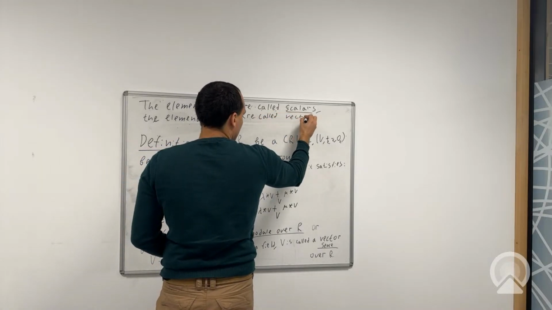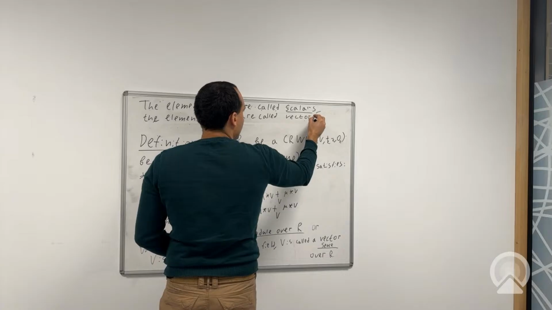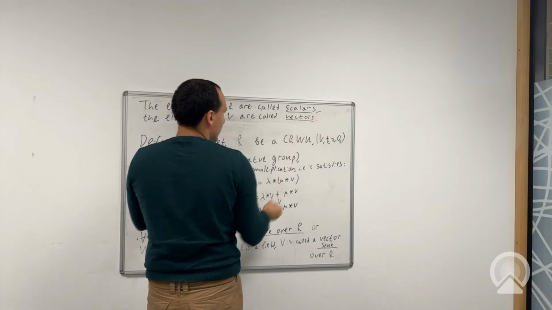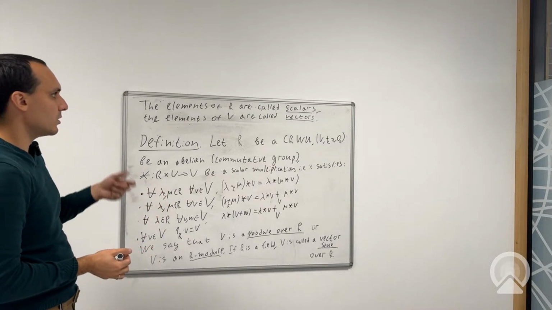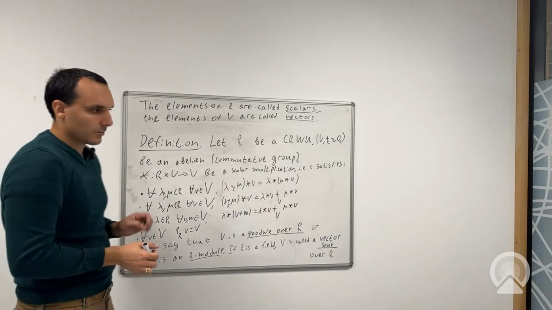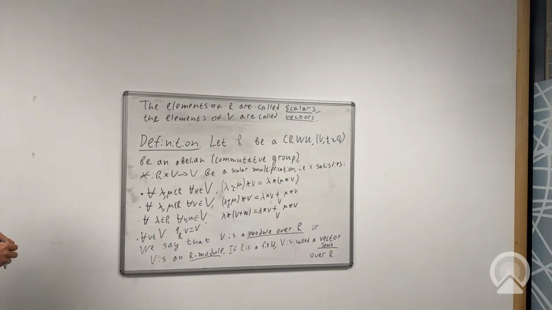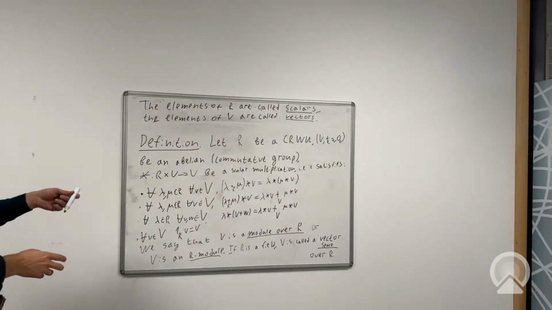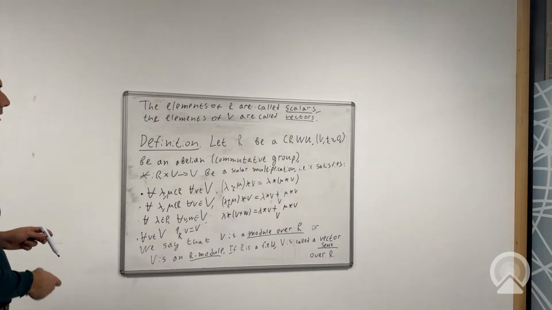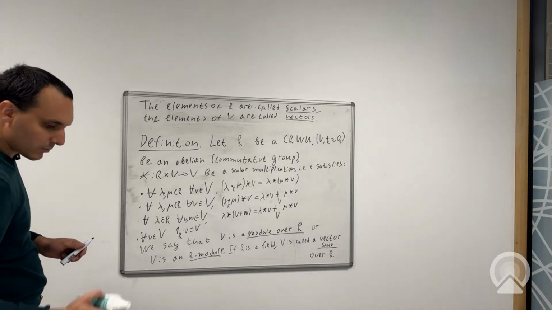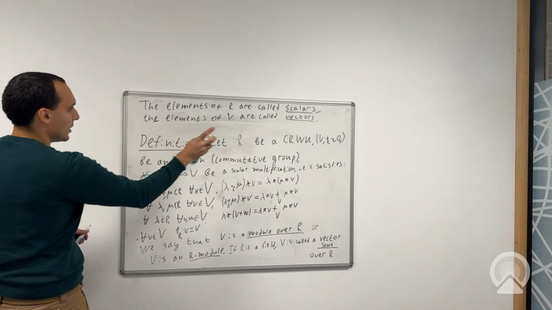Even in module theory they are also called vectors, as in standard linear algebra over a field. Okay, so this is the definition of a module and the common language. And so let's proceed with some examples. Let me clear the board.